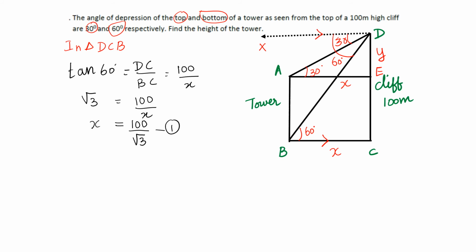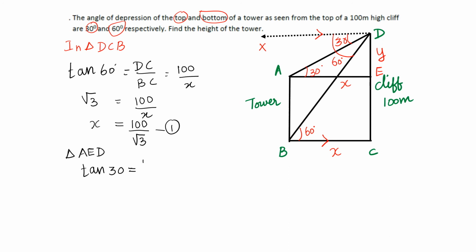And second equation comes from the triangle AED. In triangle AED, you take tan 30. Tan 30 equal to what will you get? You will get DE by AE, that is opposite by adjacent, that is y by x, right?